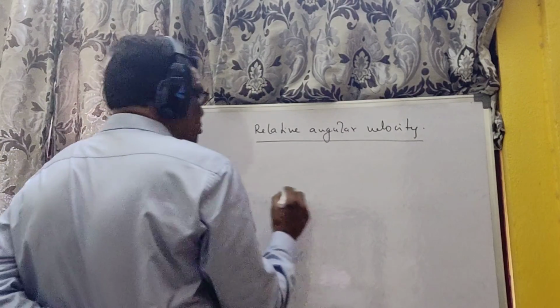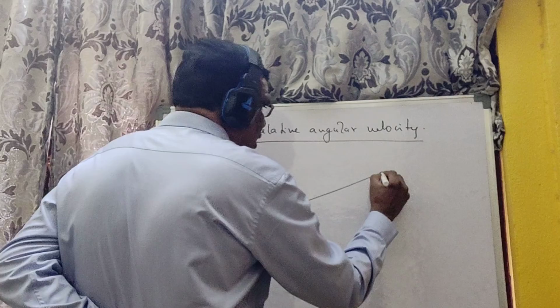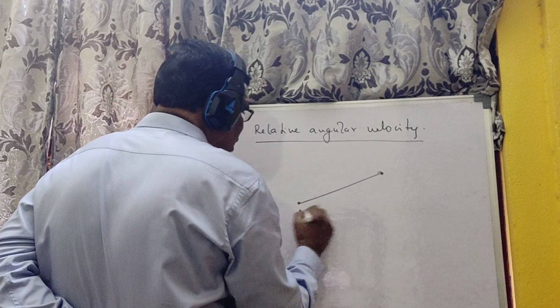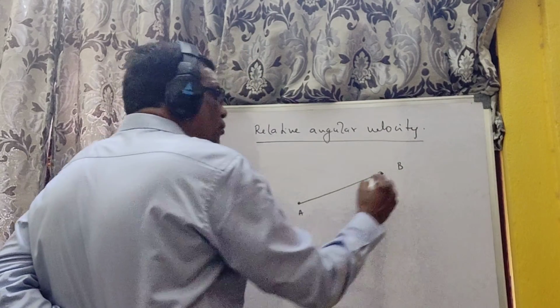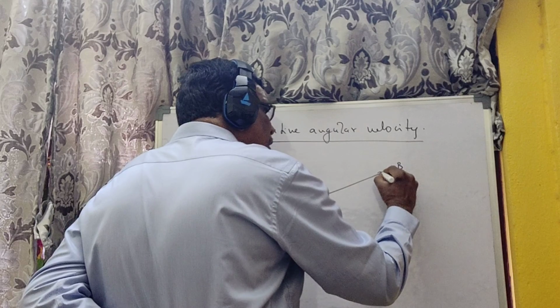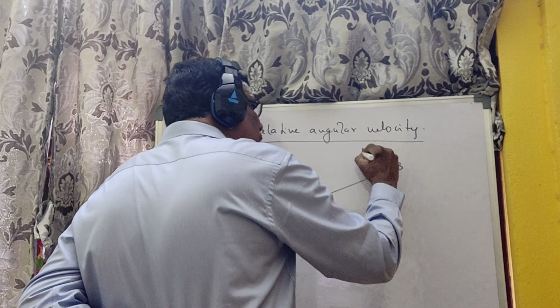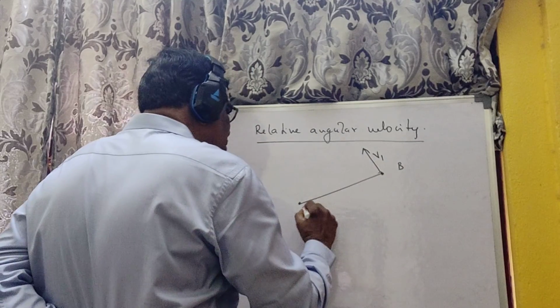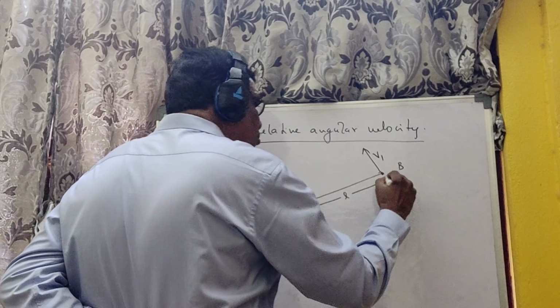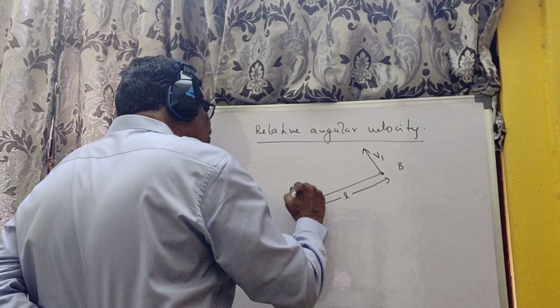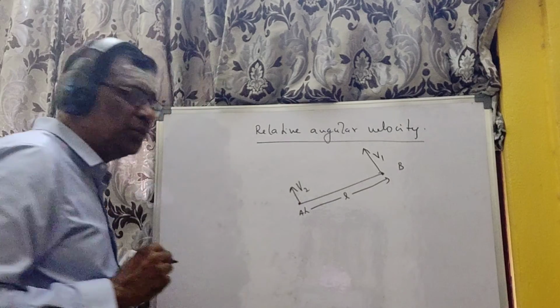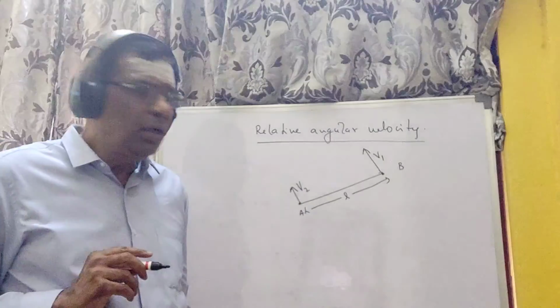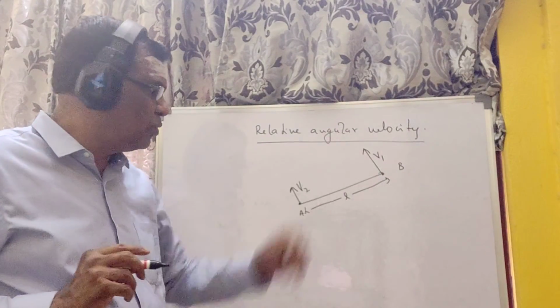What you have to do, I'll tell you. For example, you take any points A, B. Let me tell you one simple thing. If this end is moving with V1 and this end is moving with V2, what is the angular velocity of this rod?